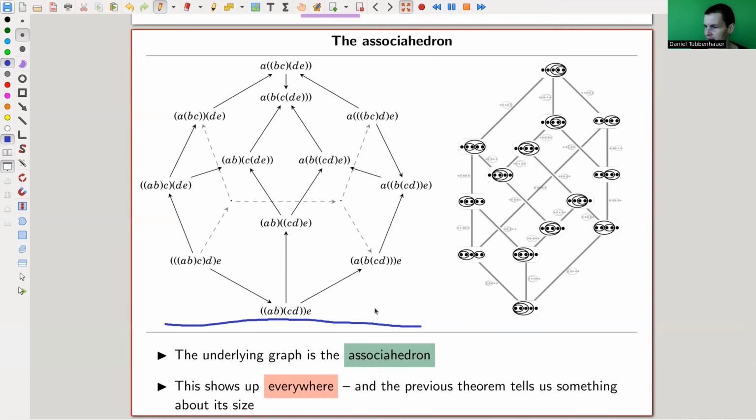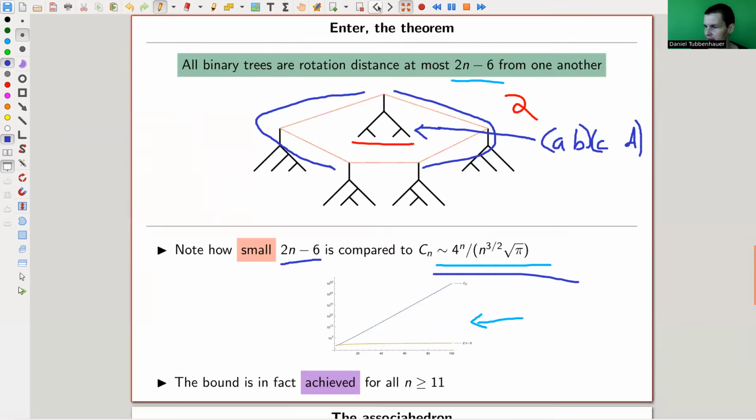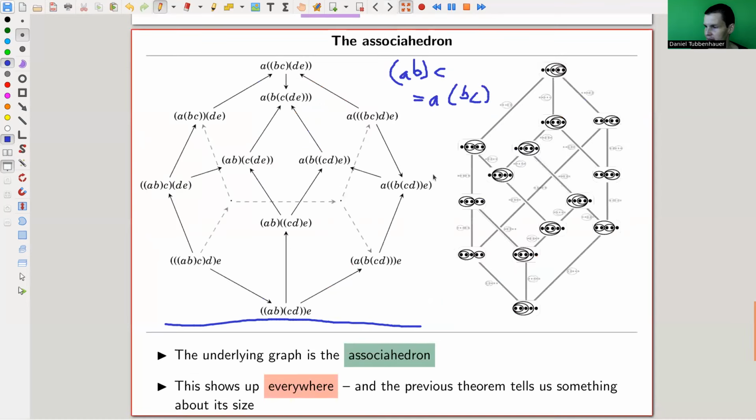It's really ridiculous, again, because the number of ways you can bracket the terms is really large, but you can go from one to the other using associativity moves. Let me just write it down in case you have forgotten what an associativity move is. It's, of course, this one. You can use those moves, and you only need, at most, this number of moves, which is really tiny, to go from everywhere to everywhere else, which is ridiculously fantastic.